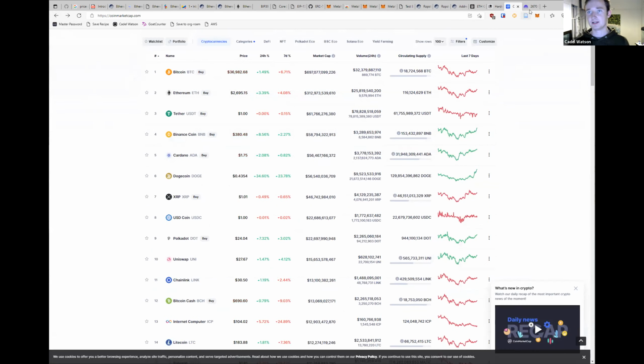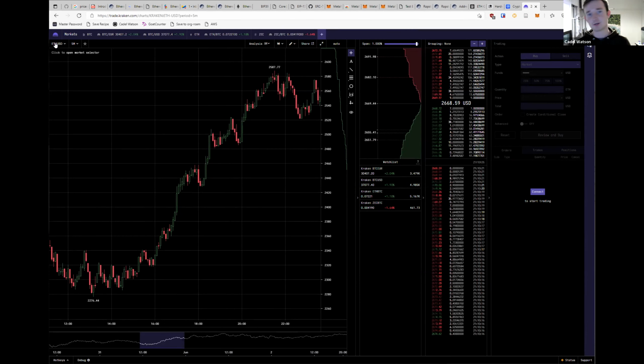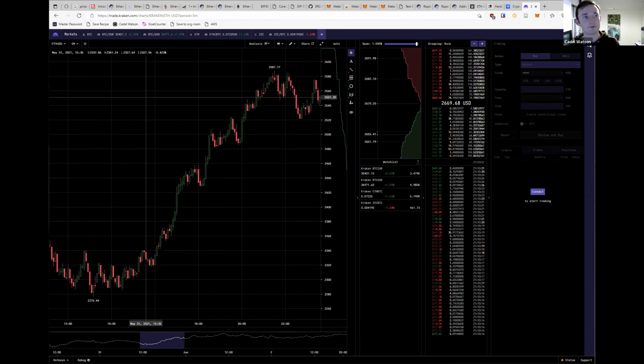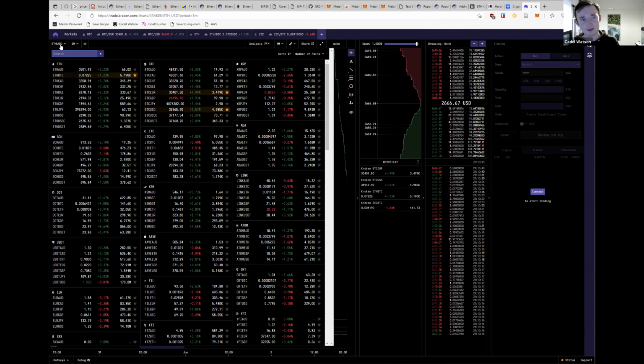Now, on a marketplace like Kraken, usually what you're doing is swapping between a fiat currency, which is a real world currency, it's called fiat, like a US dollar or Australian dollar, and a cryptocurrency. So here we are looking at Ethereum swapping with US dollar. But what you can also do is start to swap cryptocurrencies with each other in an exchange.